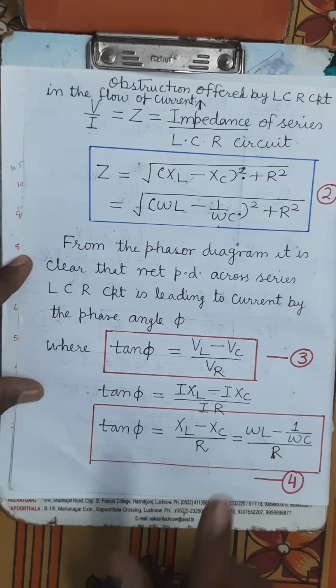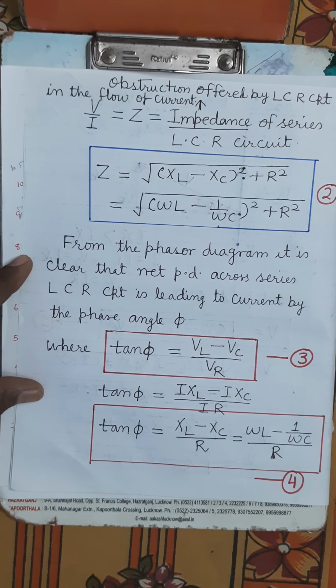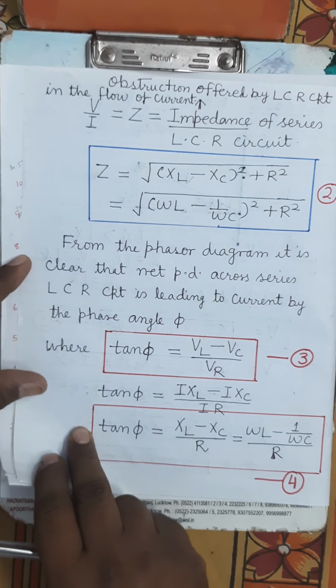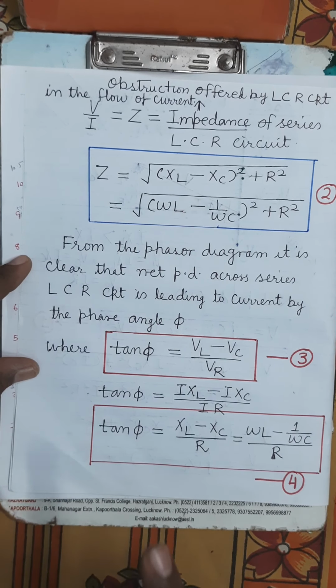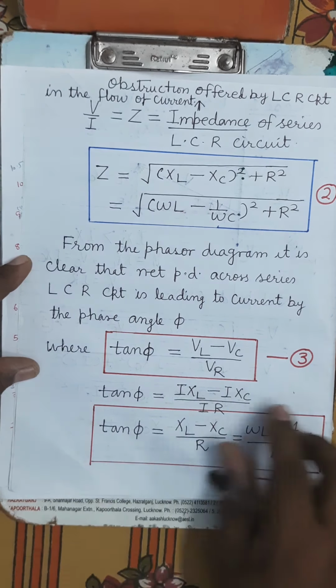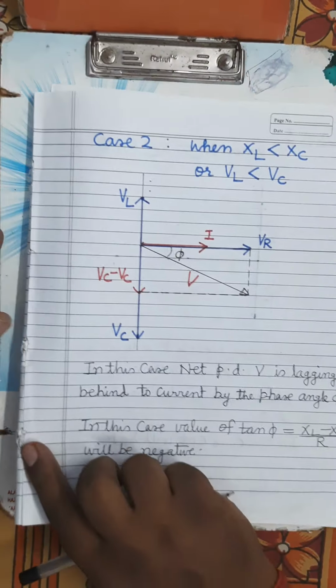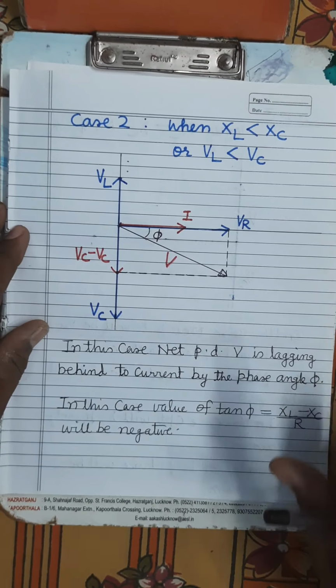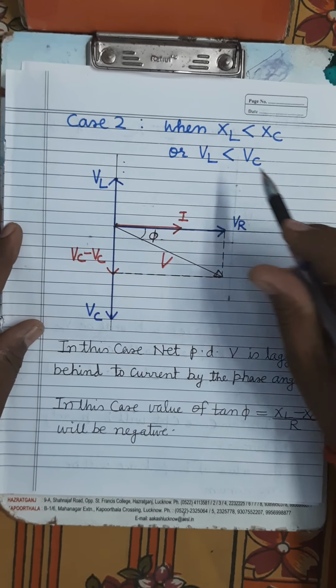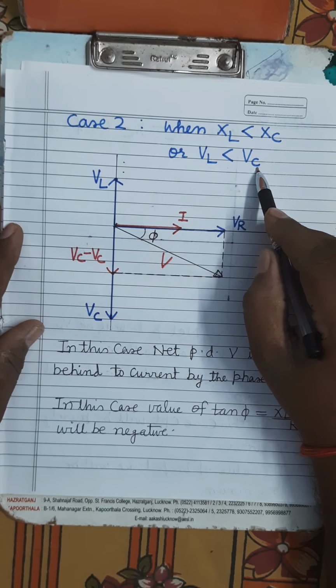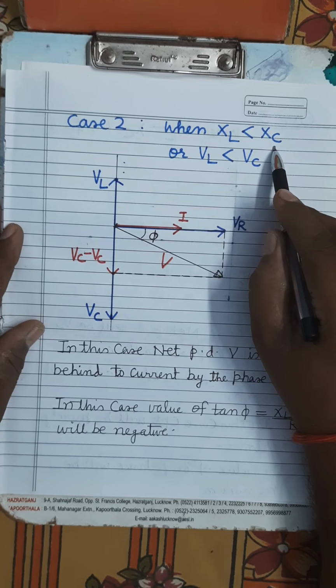In case it comes out negative, then the net potential difference will lag behind the current, which I am going to discuss now. In this case, when VL is less than VC, then XL will be less than XC.